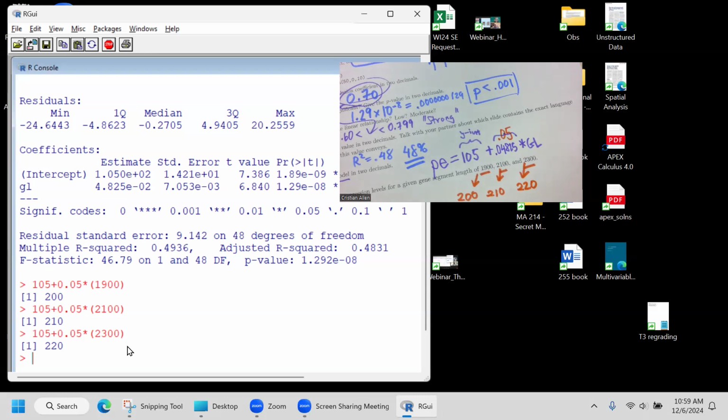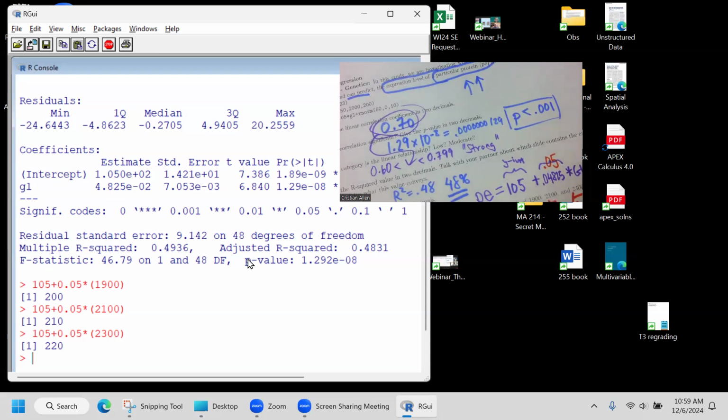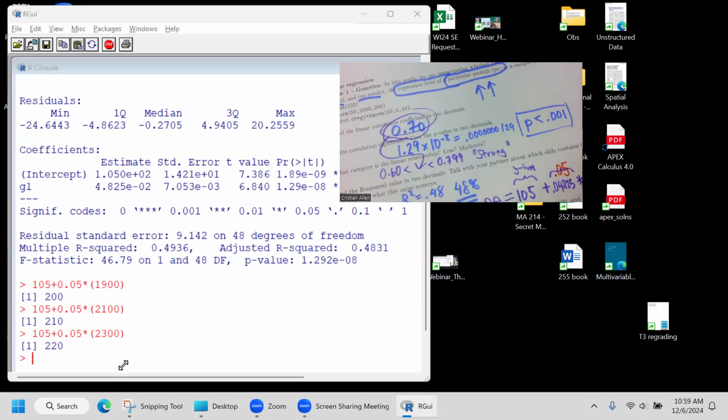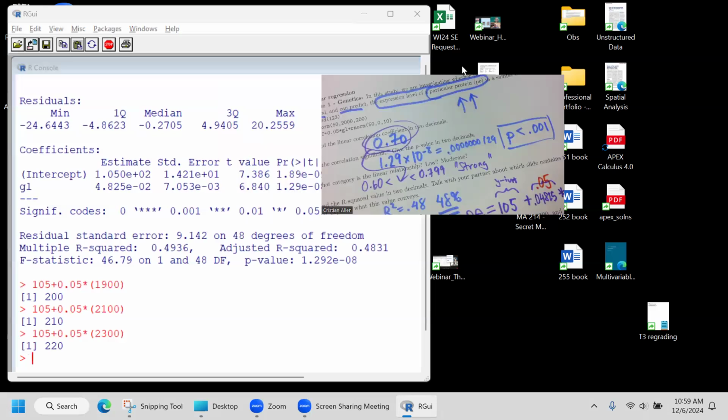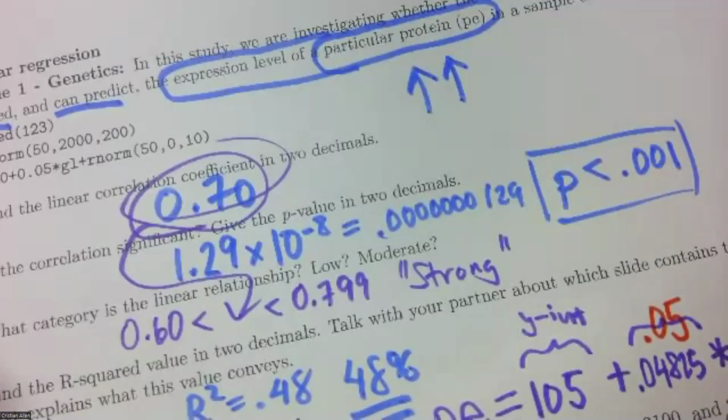So let's just review all of that. That's kind of the basics. Let me grab a darker color here, and let's just review what we did here today in R. Let's stop the screen share and just look at the worksheet itself.